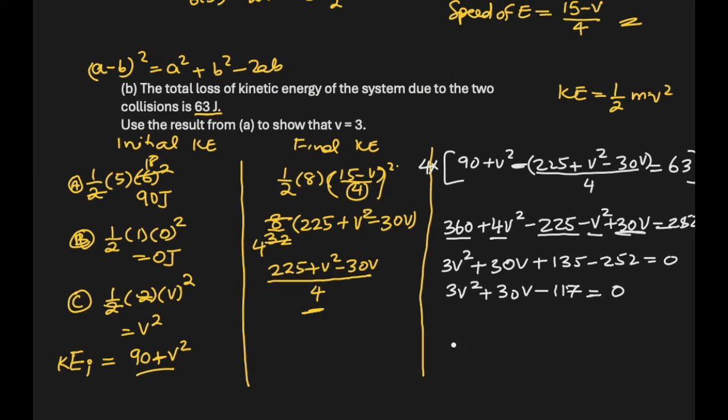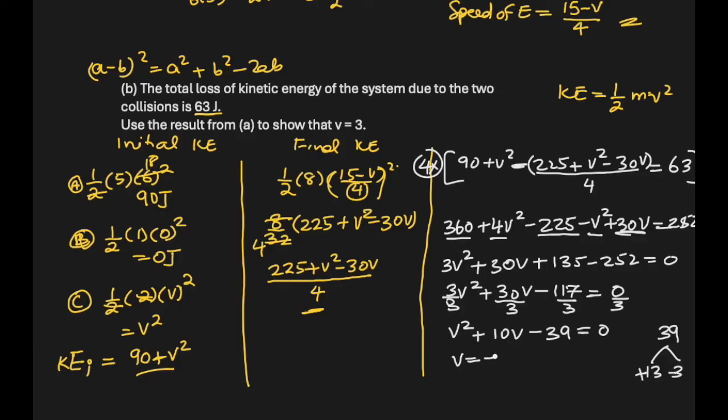You can use the quadratic formula, but first let's divide all by 3. Like we multiplied the whole equation by 4, we can divide the whole equation by the same number, so that it becomes simpler. v square plus 10v minus 39 equal to 0, and 39, two factors are 13 and 3, so v is equal to, this will be positive 13, this will be negative 13.